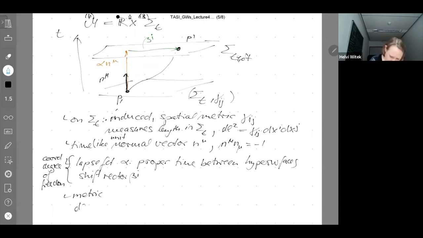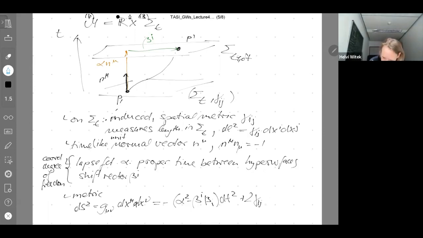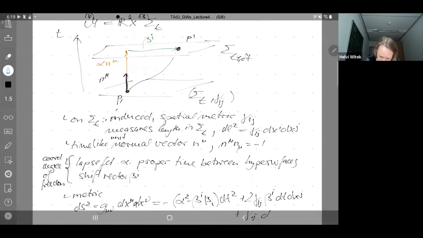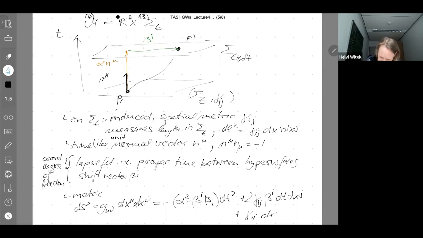We say our line element for the four-dimensional metric, ds squared, can be written as minus alpha squared minus beta_i beta^i, dt squared, plus, and I'm assuming symmetry here, 2 beta_i dt dx^i, plus our spatial metric gamma ij contracted with our spatial coordinates, dx^i dx^j. Okay, good.